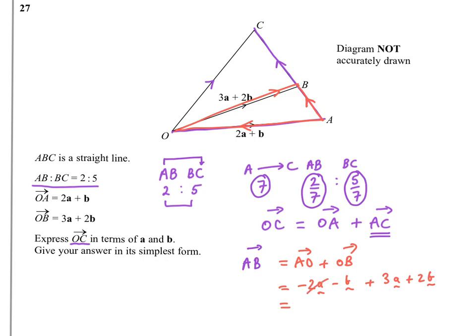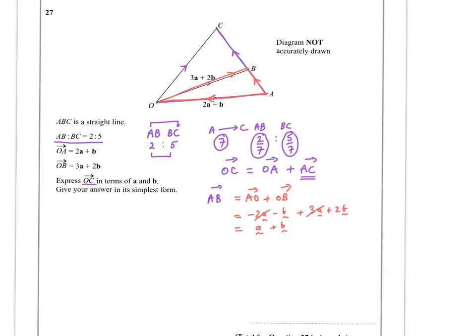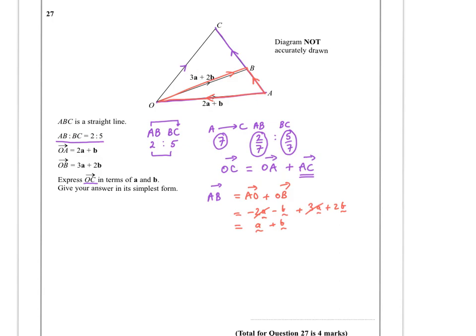A's first, we've got A plus B. Now, the nice thing about it is we've basically done what we need to do, because if you think about it, if A to B is A plus B, and that was worth 2/7 of the whole of A to C, then we've got the answer, haven't we?